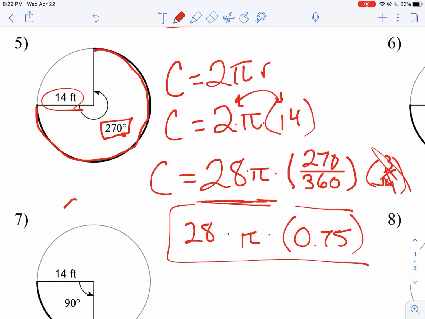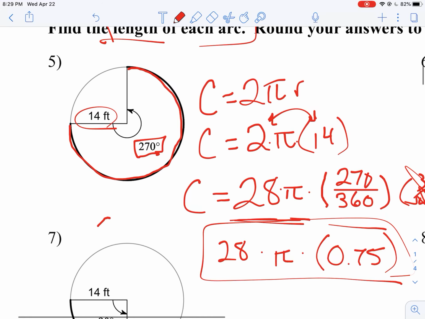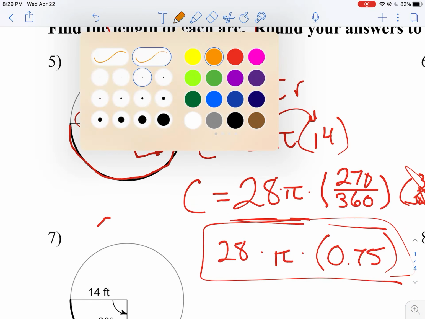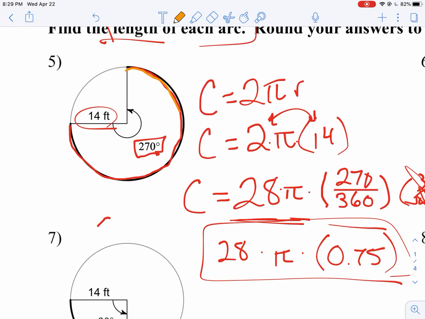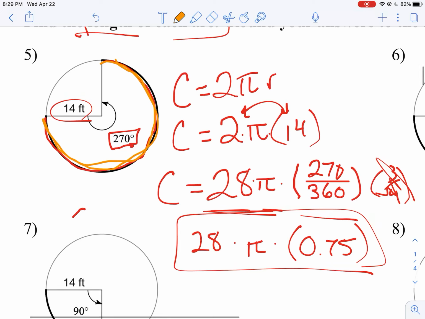Just multiply these three together, and that's going to be my, I guess I'll use a different color here, my orange arc length. Just this piece is going to be the circumference times 0.75. So let's see. 28 times pi times 0.75, enter.